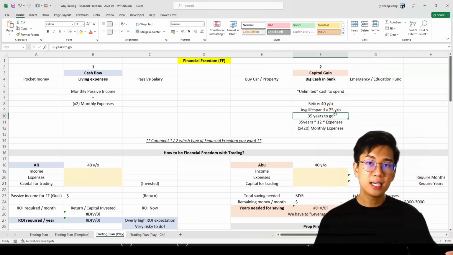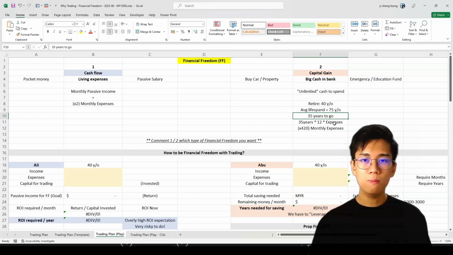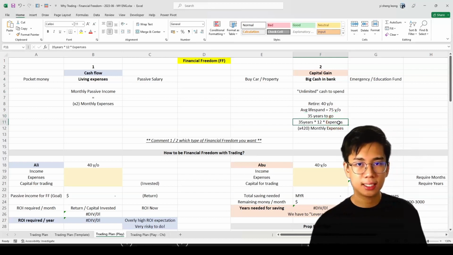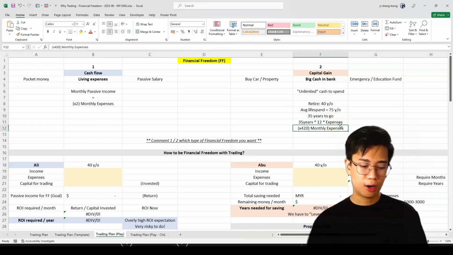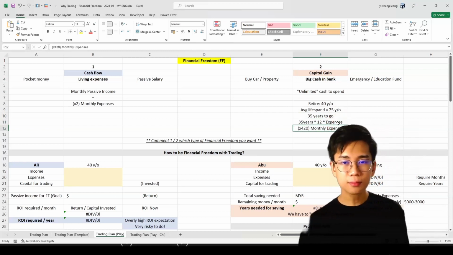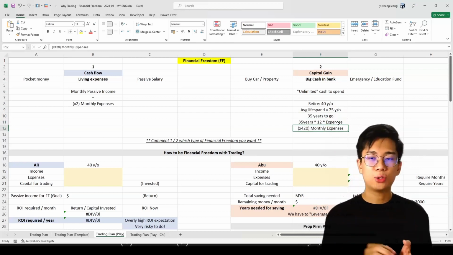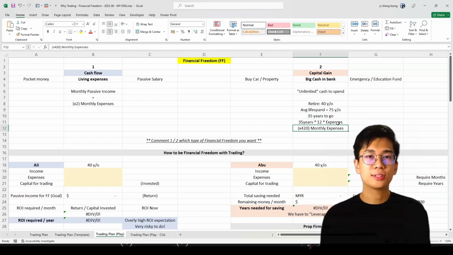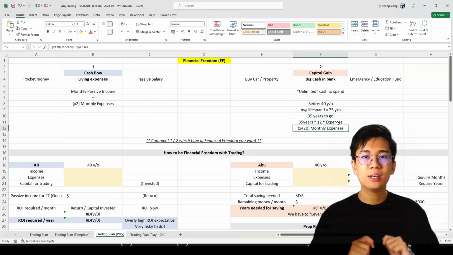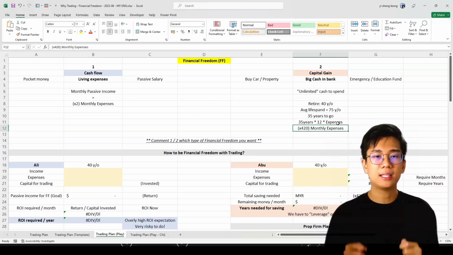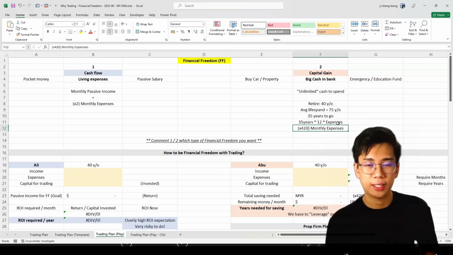You have 35 years to go. So 35 years times 12 times your current expenses equals 420 times your monthly expenses. Meaning you need to save 420 times that in cash in your bank so that you can consider yourself to have unlimited cash to spend already. Then you consider yourself financially free.